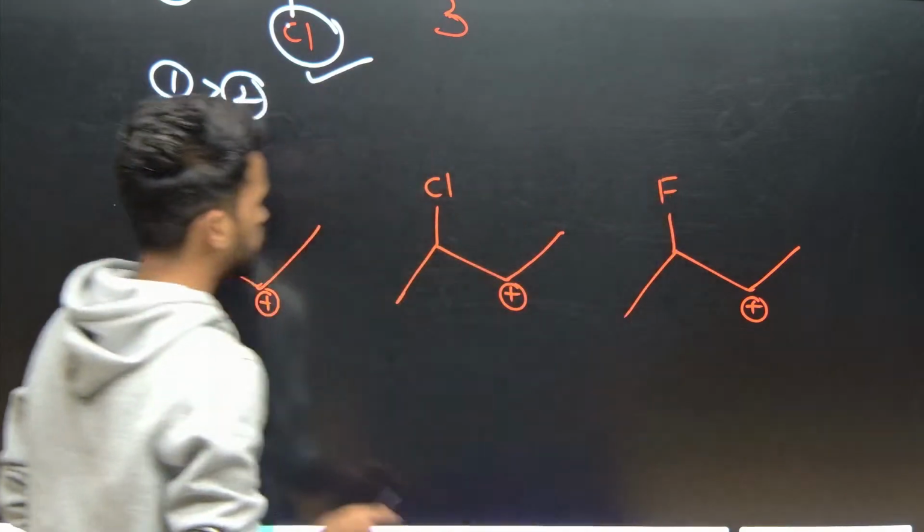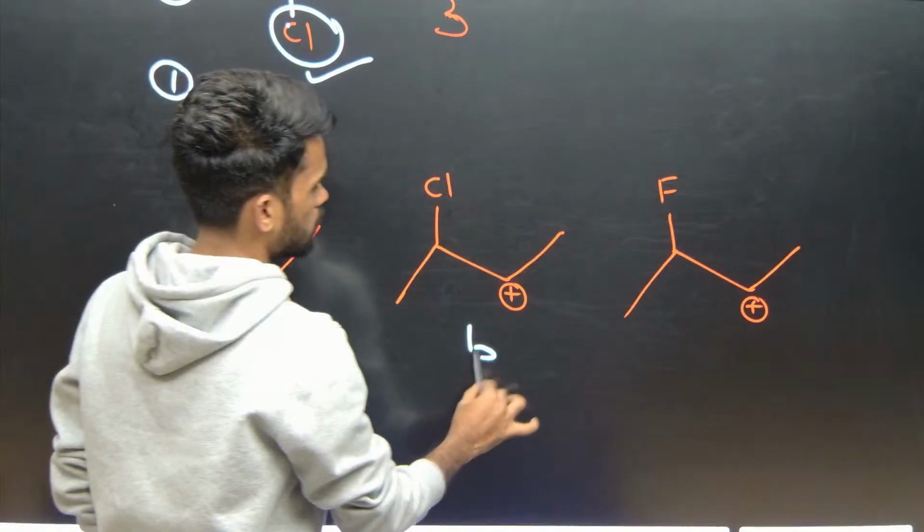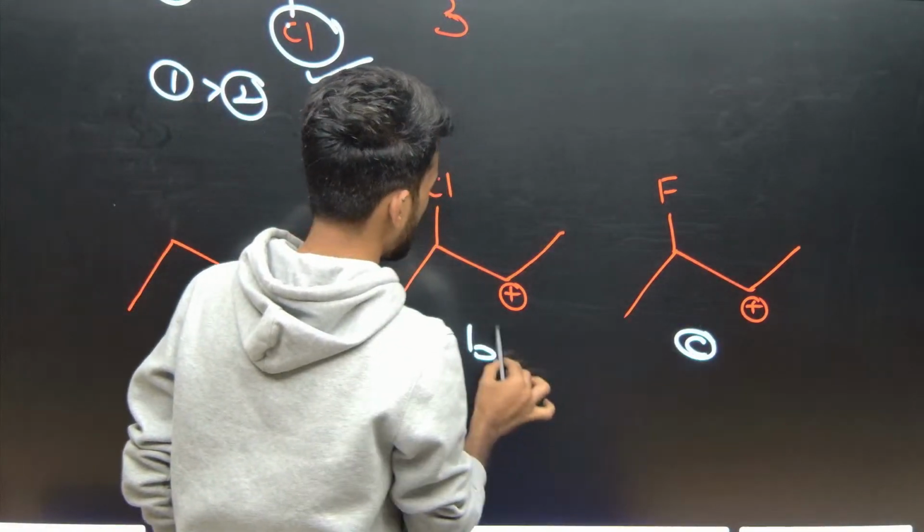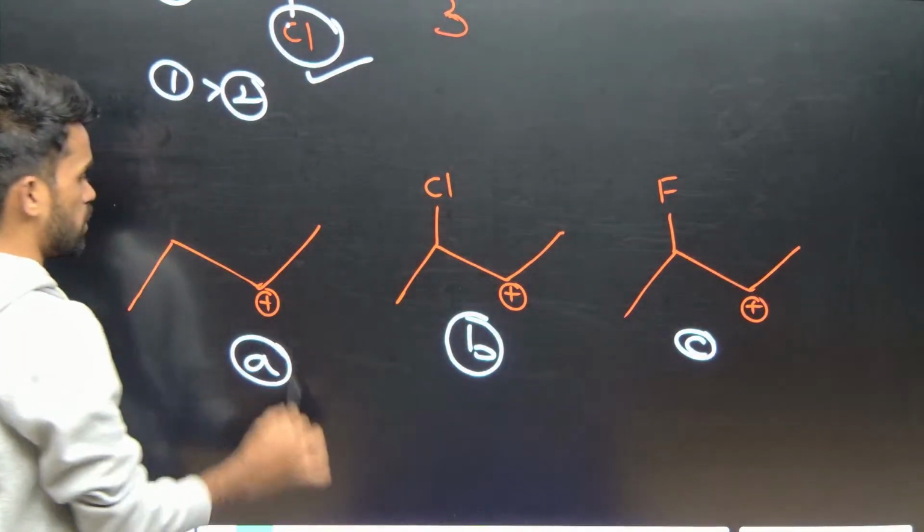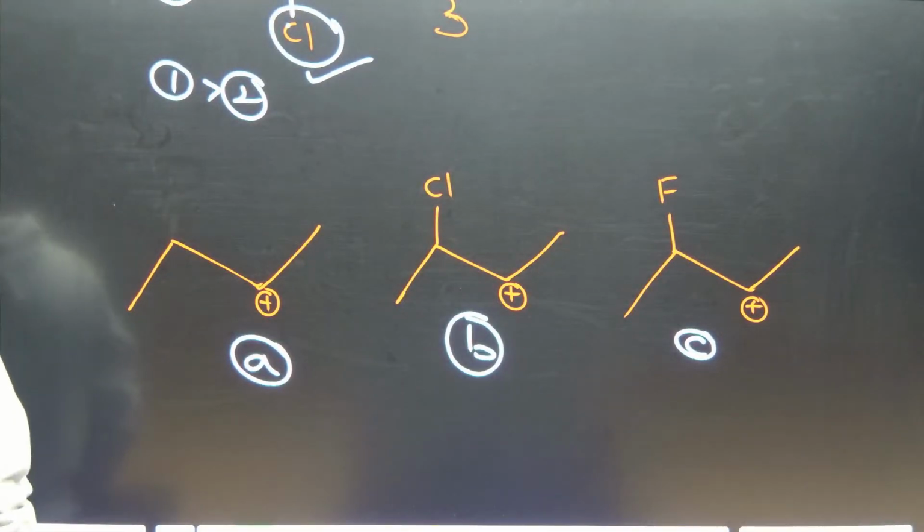Out of these A, B, C, which carbocation is less stable, or write their stability order in these three compounds.